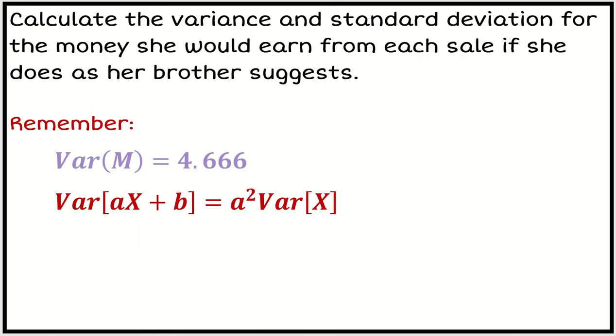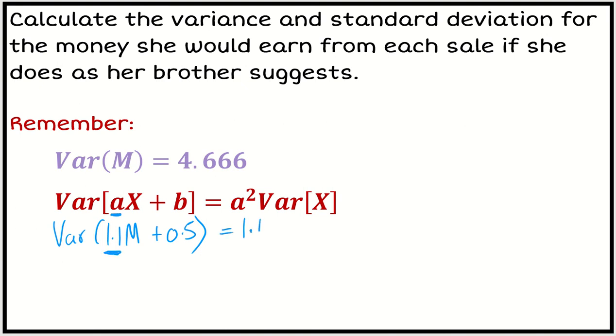Now let's have a look at calculating the variance and the standard deviation. I've got my variance of M, and now I've got my formula. We want to find the variance of 1.1 times M plus 0.5. A, the number in front of my variable, is 1.1.